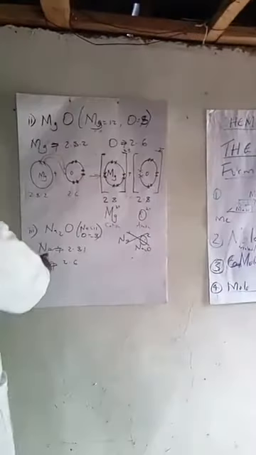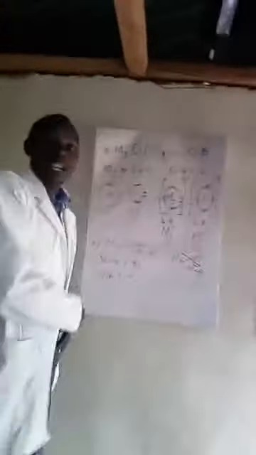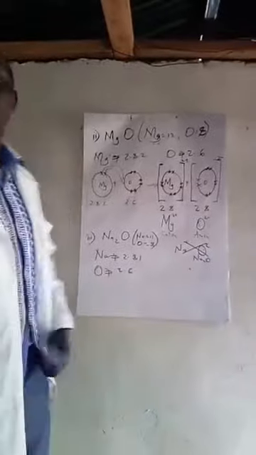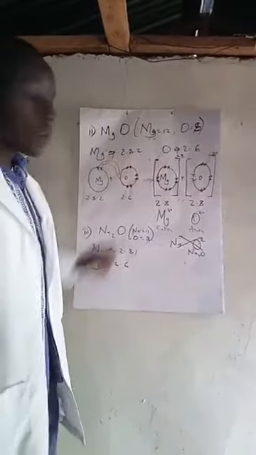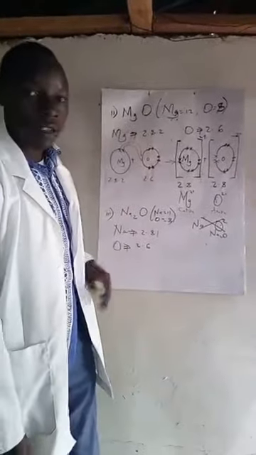So at this point, when you write Na2O, it simply means you require 2 sodiums and 1 oxygen. In short, we need 2 sodium atoms and 1 oxygen atom in order to form an ionic bond.